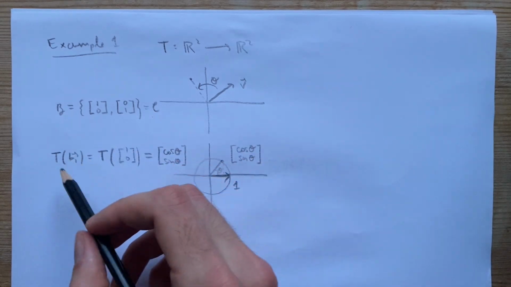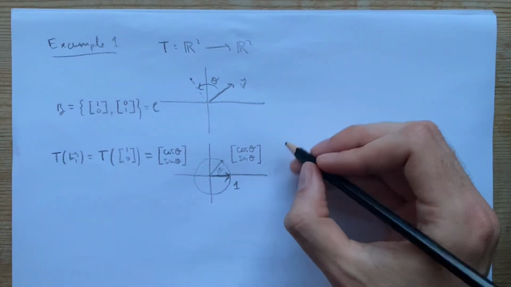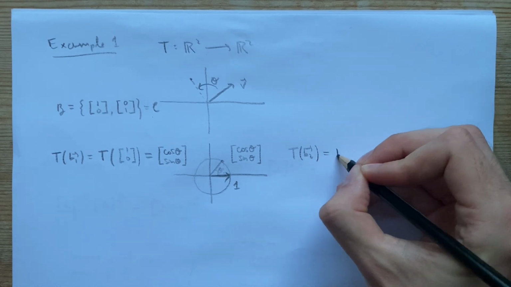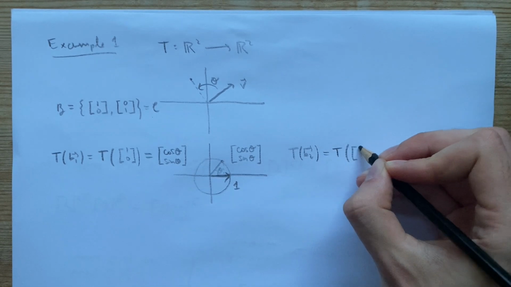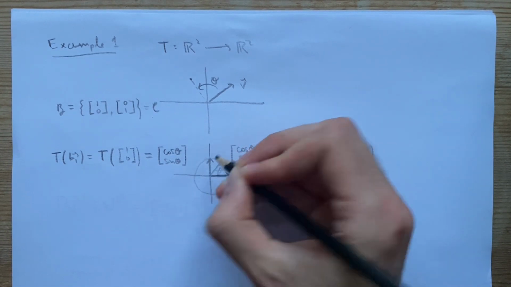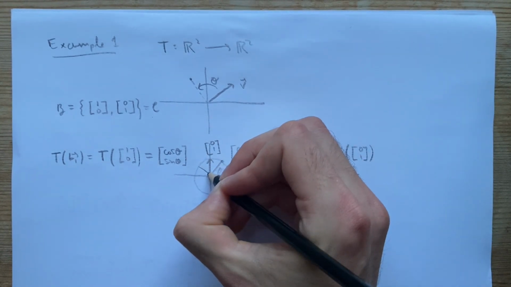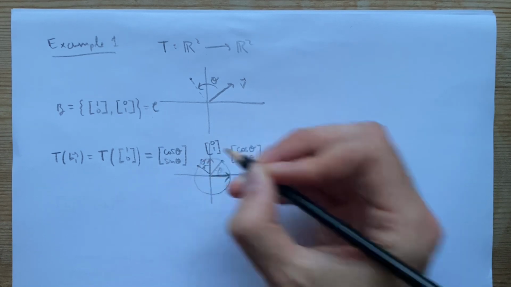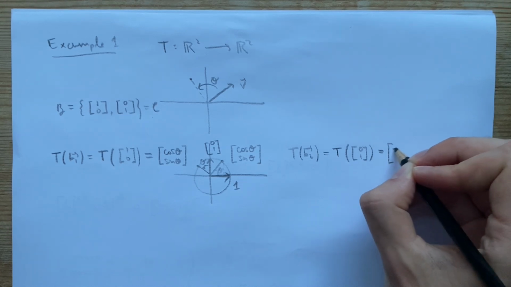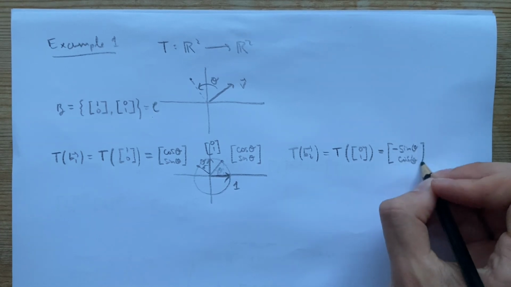Now it remains to do the same, find the image under this linear transformation of the second basis vector, B2, which is the image of the vector (0, 1). And now, if we start from the vector (0, 1) here, and then we perform rotation by angle theta, what do we get? We get the vector (minus sin theta, cos theta).